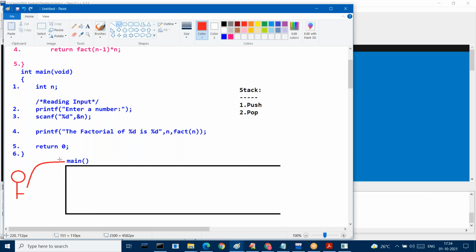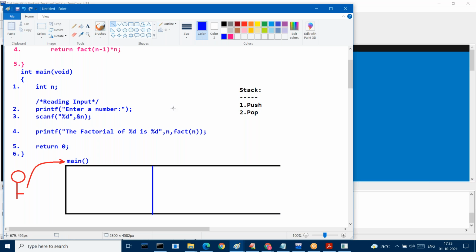Main says, yes sir. Start execution. The programmer has written a program, please start execution. And now main has to follow the instruction of the operating system, because to you main is the boss. You thought that in my program main is the boss, but to main the operating system is the boss. Boss calling means he has to follow the order.